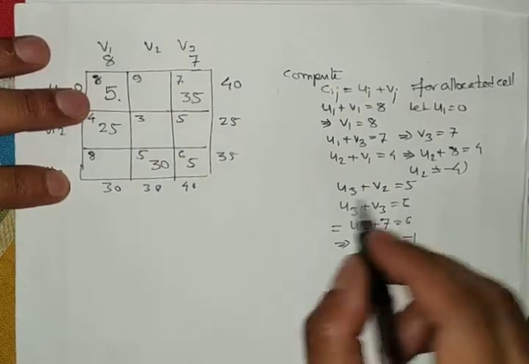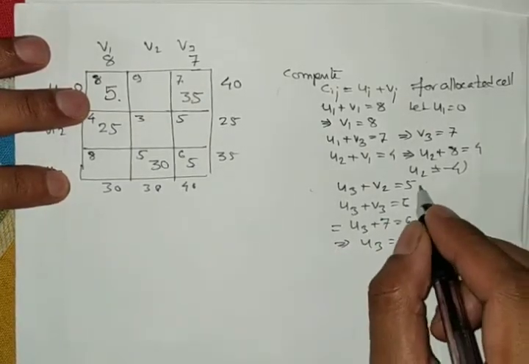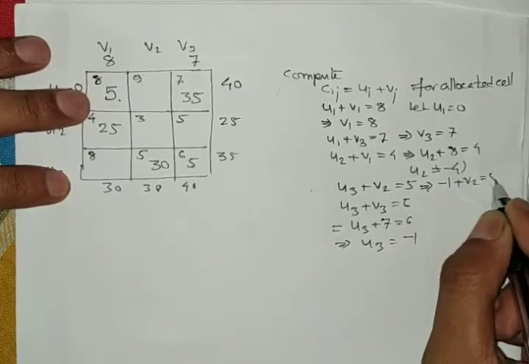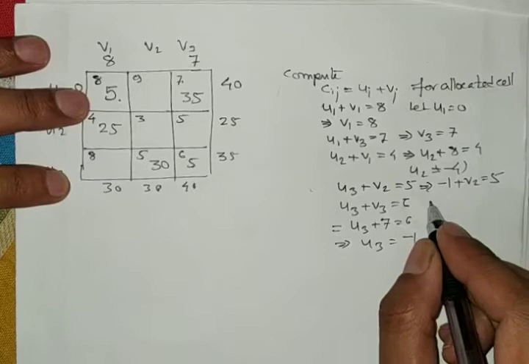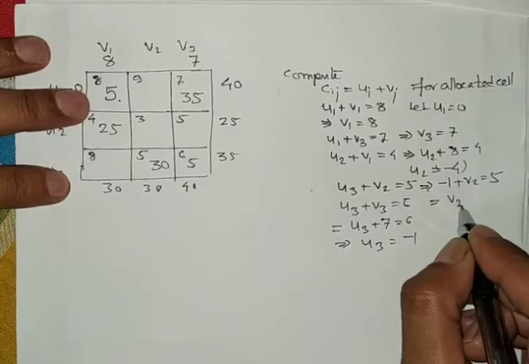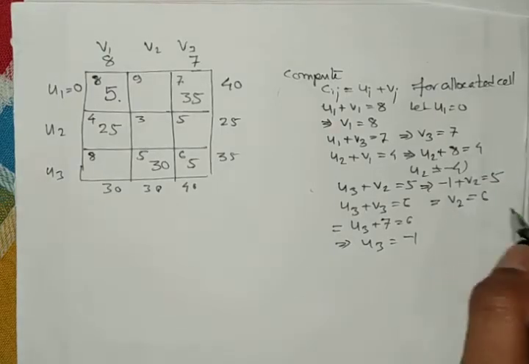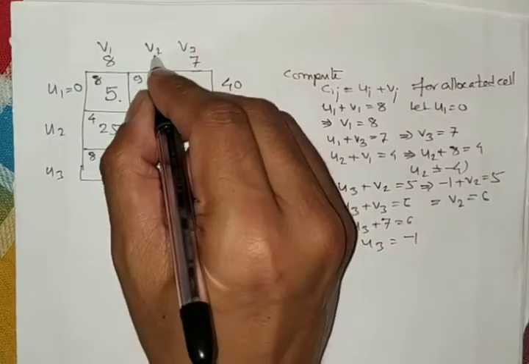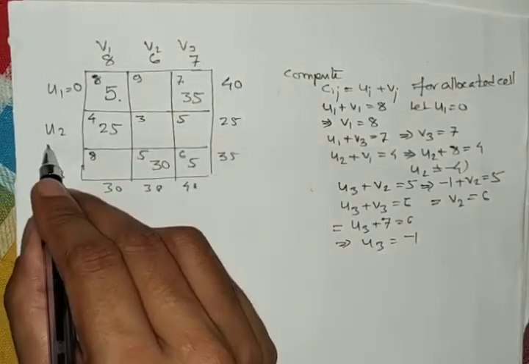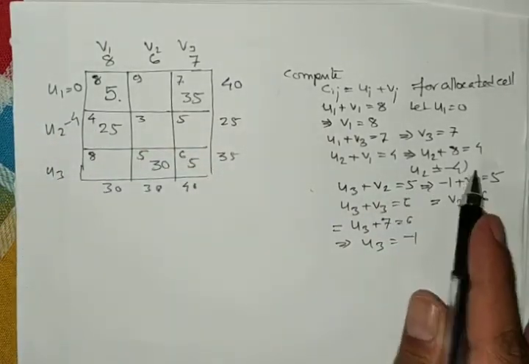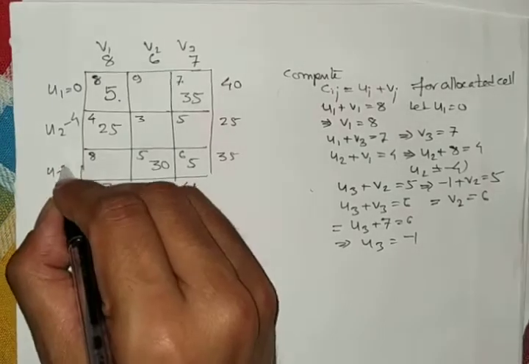If u3 is minus 1, then minus 1 plus v2 is equal to 5. So I can write here v2 is equal to 6. So its value is 6. u2 will be minus 4, and this will be minus 1.